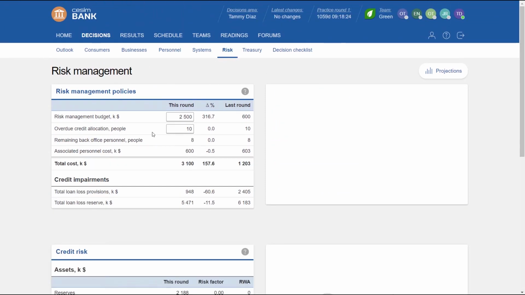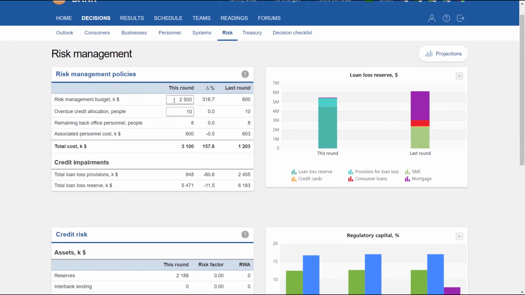Risk department has a decision about the overall risk management budget, and then we decide how many people we allocate for chasing the potentially non-performing loans.